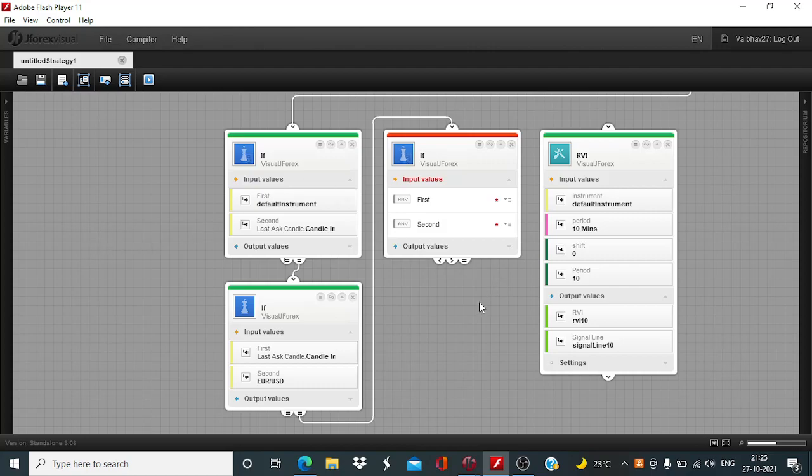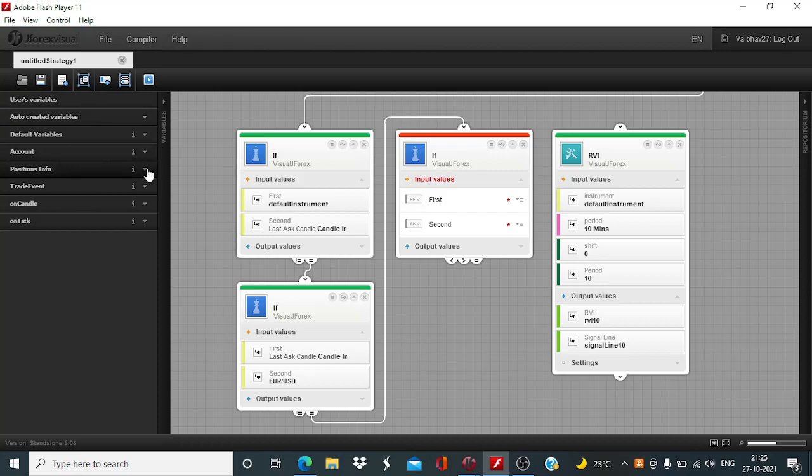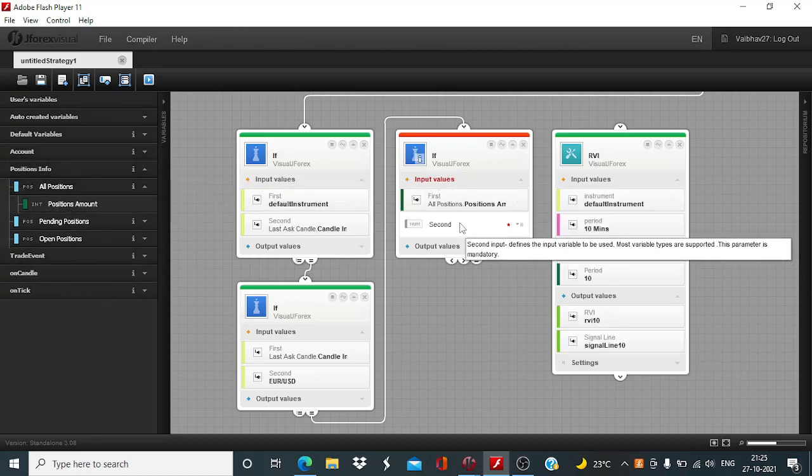And after this, next condition is going to be for position amount, all position should be equal to 0.